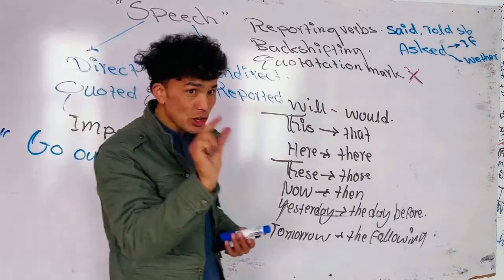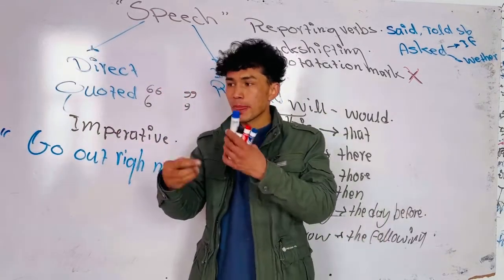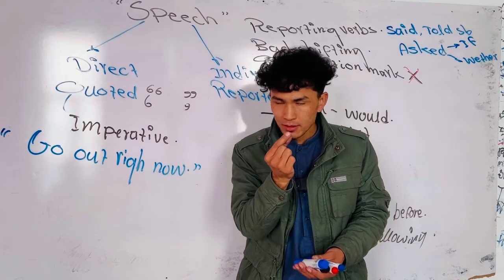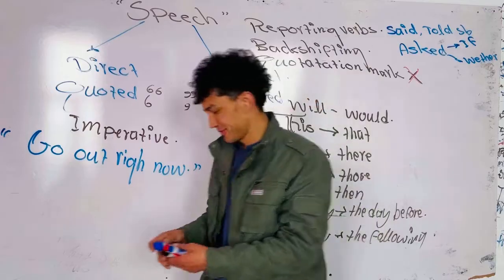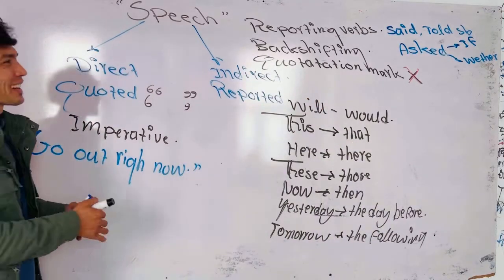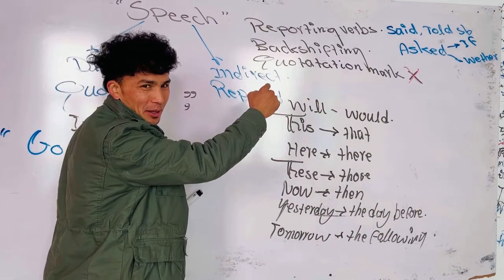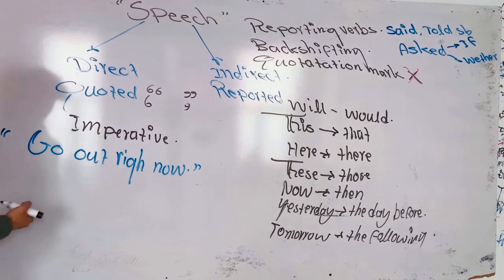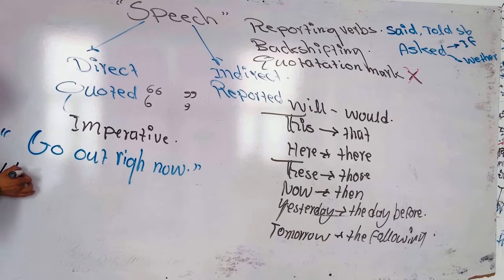In order to change imperative sentences into indirect speech, we bring the imperative verb, ask or ordered. For example, the speaker might be a teacher.